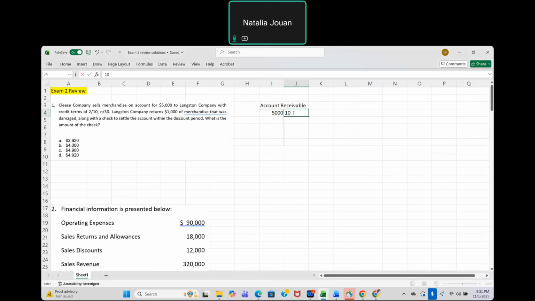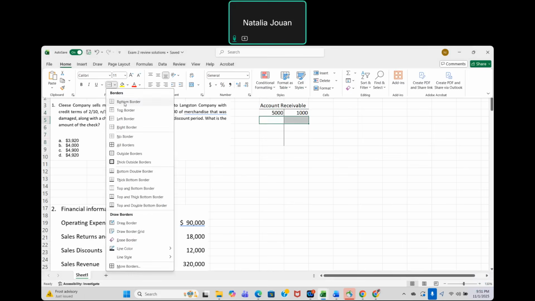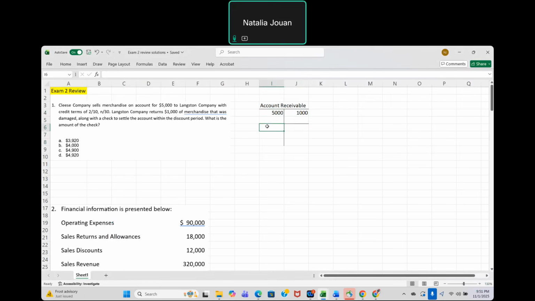So remember, we have to subtract that from the receivable. So now we have an updated balance in the accounts receivable of 4,000. Okay, so 5,000 minus, so this is your debit. So this is the sale. Okay, this is the return. So this is your credit. Okay, so now you have a balance of 4,000.